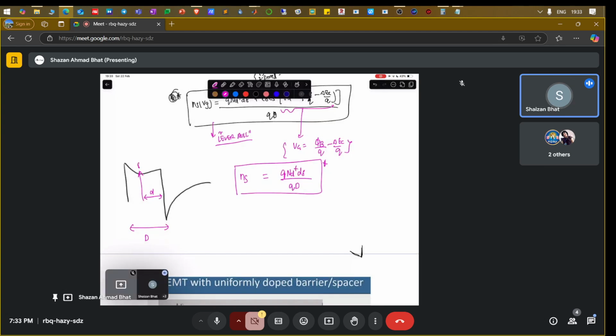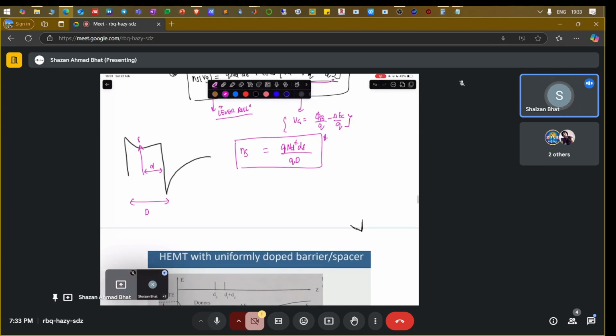Yes. Okay, so this particular thing here is delta doped, which is the AlGaAs region, and you have the charge. You have a sheet charge, which is a two-dimensional electron gas.